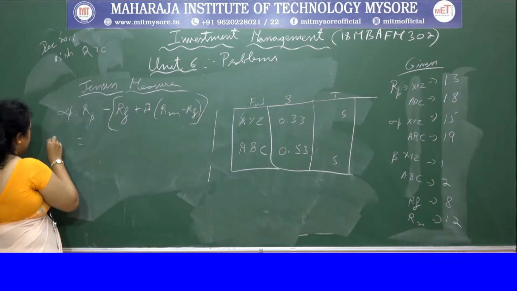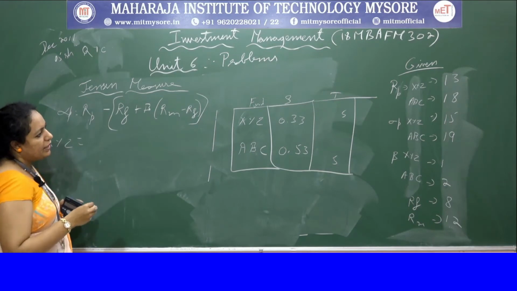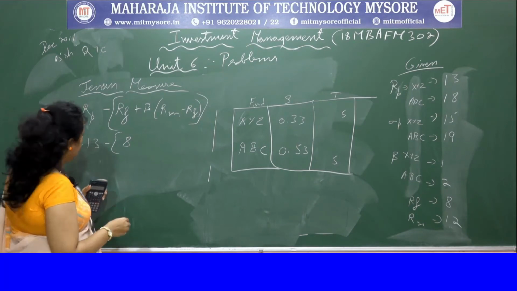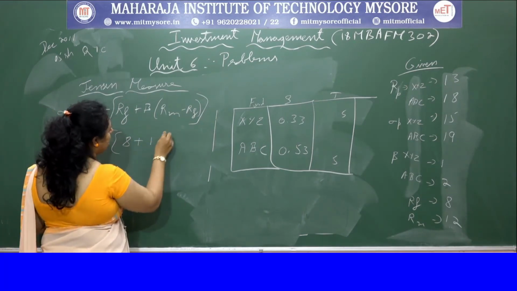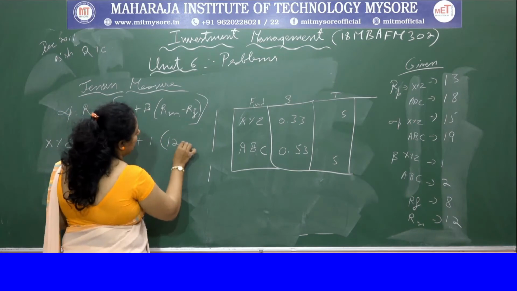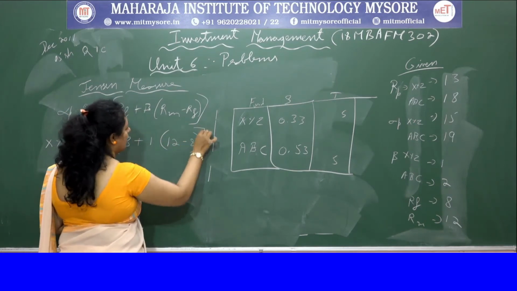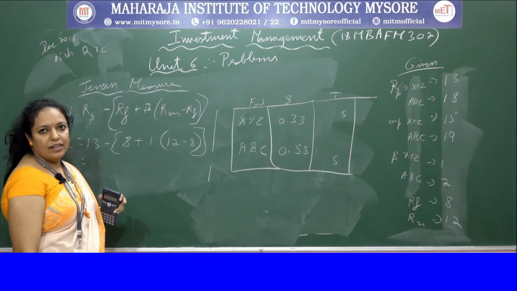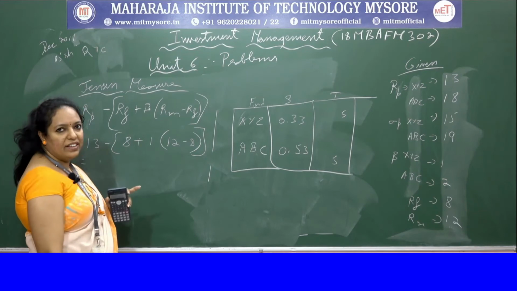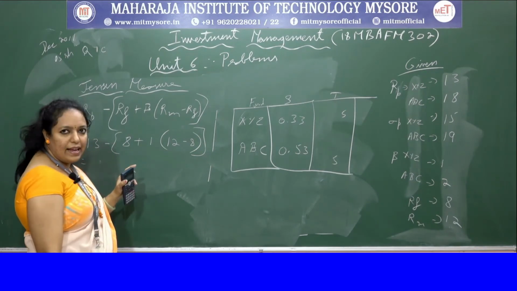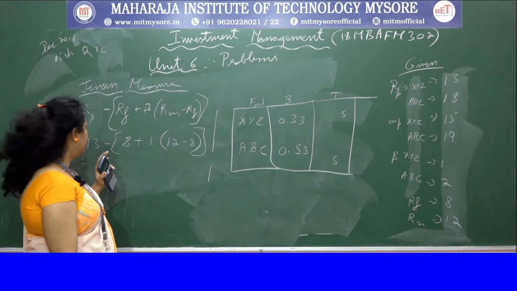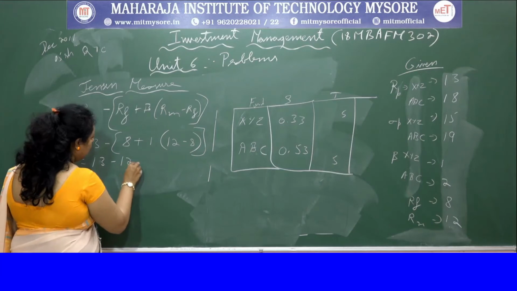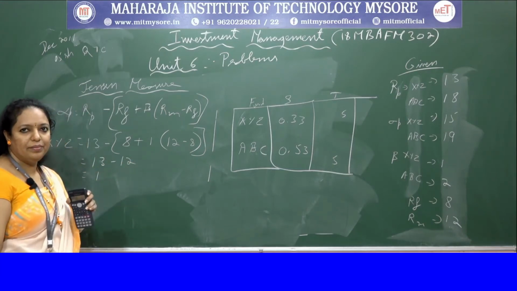So for XYZ, RP is 13 minus RF is 8 plus beta is 1, RM is 12 minus 8. When you simplify, 12 minus 8 is 4, 4 into 1 is 4 plus 8, it is 12. So 13 minus 12 is equal to 1.